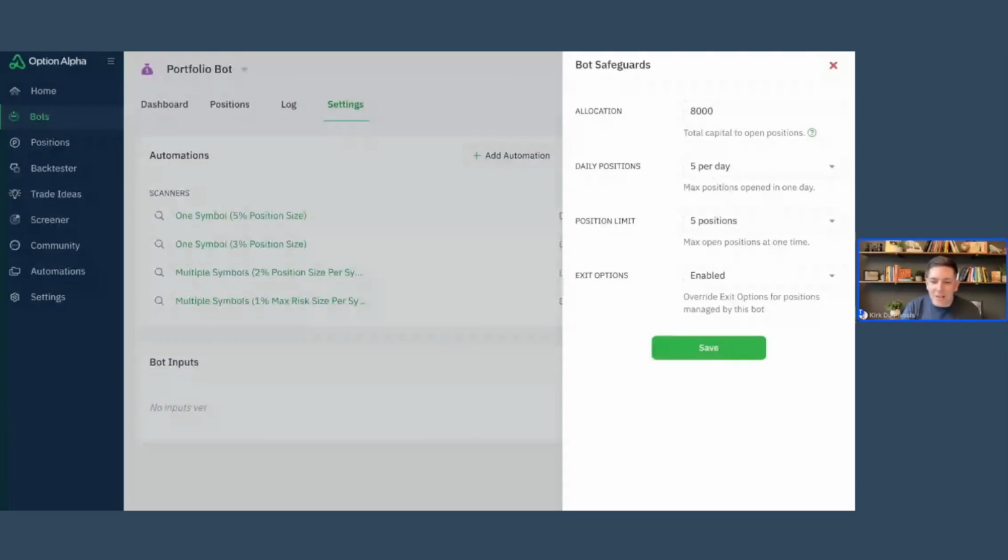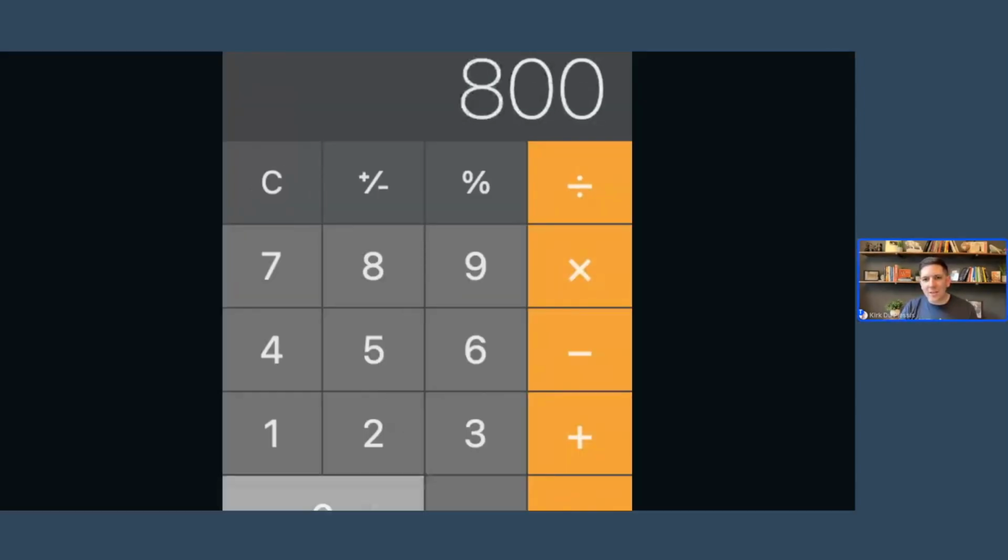So if I have $8,000 and I want to do a 2% position for each symbol in totality, that's $160 of risk for that symbol.